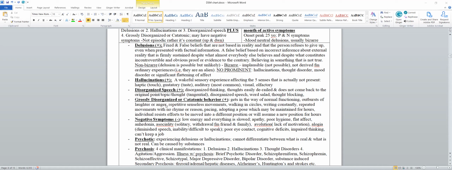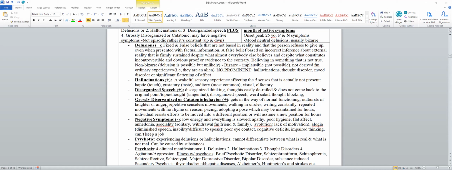Disorganized speech, which is also referred to as disorganized thinking: thoughts easily derailed and does not come back to the original point, topic, or thought. They're very tangential. There's disorganized speech, word salad, thought blocking.